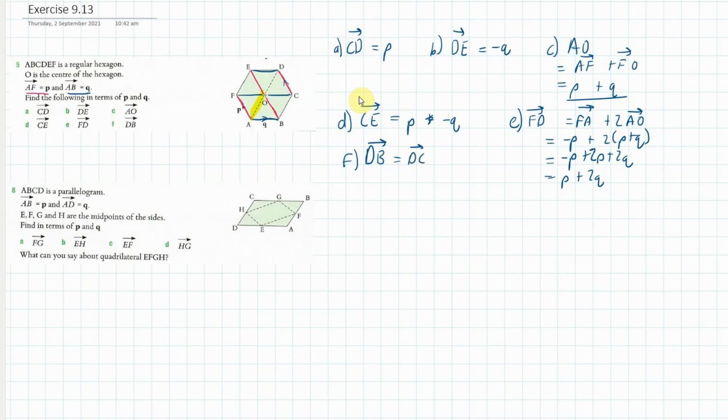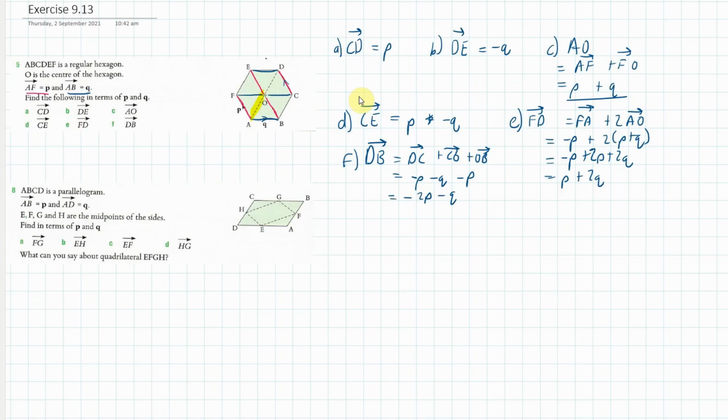We can go DC plus CO plus OB. Now DC is minus P, CO is minus Q, and OB is minus P. So I think it's minus 2P minus Q. I think.